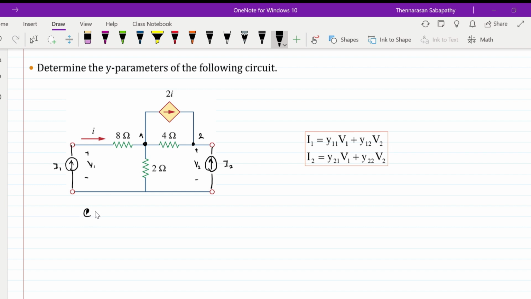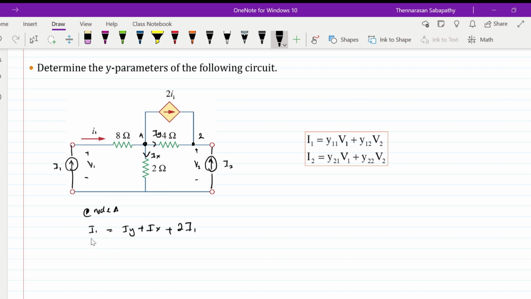So at node A, I can write the equation: this current we label as Ix, and this current we label as Iy. At node A, I label this as I1 to avoid any confusion. I1 equals Iy plus Ix plus 2I1.